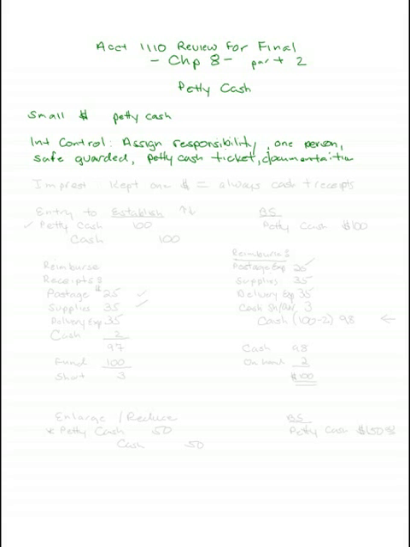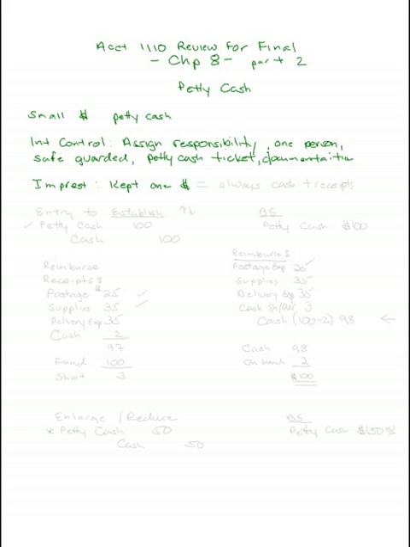A petty cash fund is an imprest fund. And what that means is that it's a certain amount of money given to one person, and it's kept at a certain amount, and it stays at that amount.